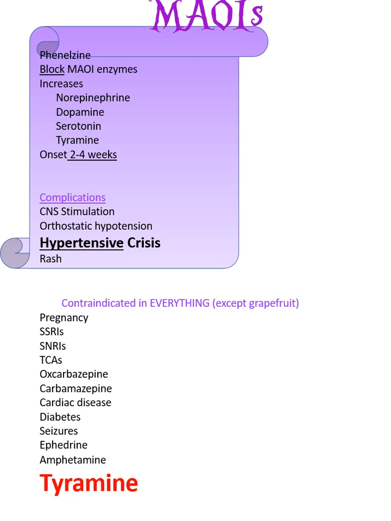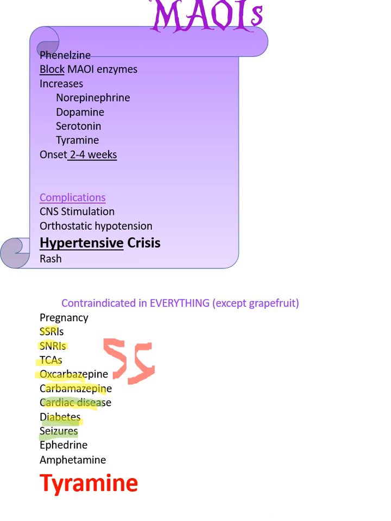So big things, SSRIs, SNRIs, TCAs, carbamazepines, all are going to increase serotonin syndrome. Serotonin syndrome. Our cardiac disease, let me use a different color. Our cardiac disease, diabetes, and seizures, it can increase the risk of heart disease, diabetes, and seizures.